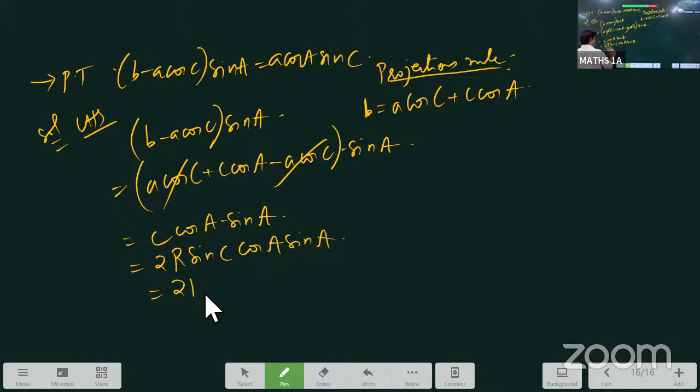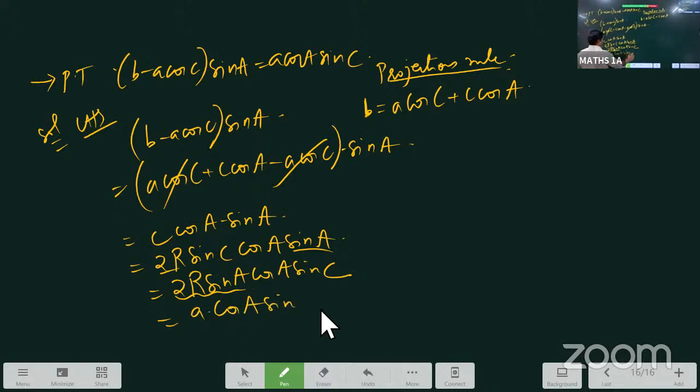Now this 2r and sin a I will write side by side, and cos a sin c. But what is 2r sin a? It is small a. So a cos a sin c. See, this is your RHS. Check it. It's easy. If you know the correct formula, what you have to substitute? b, you replace it with the projection rule formula. b is nothing but a cos c plus c cos a. a cos c gets cancelled, and what is left out is c cos a sin a.